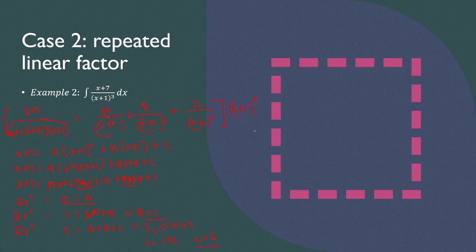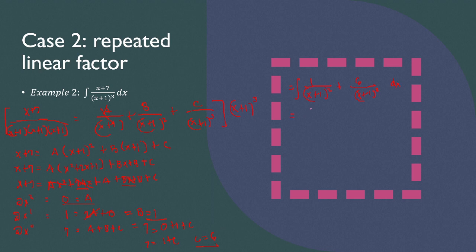So to rewrite that, a is 0, so what remains is b, 1 over x plus 1 squared, plus our c, which is 6 over x plus 1 cubed, dx.